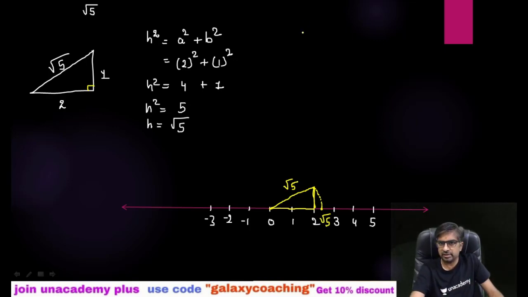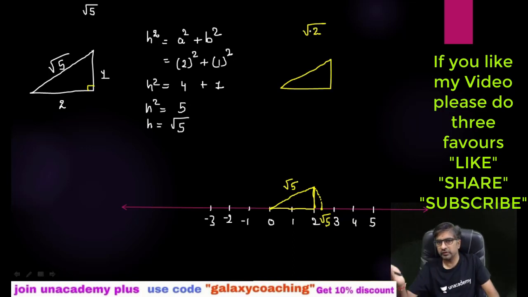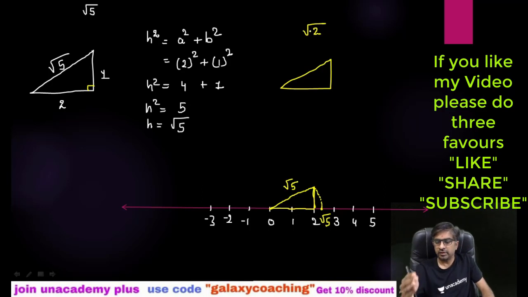Suppose they are asking represent root 2 on a number line. Again you need to form a rough right angle triangle. Now base, nearest perfect square number less than 2. We know 1, and root of 1 will be also 1, square of 1 will be also 1. So nearest perfect square number here less than 2 is 1 and root of 1 is also 1. So that only we have to take.